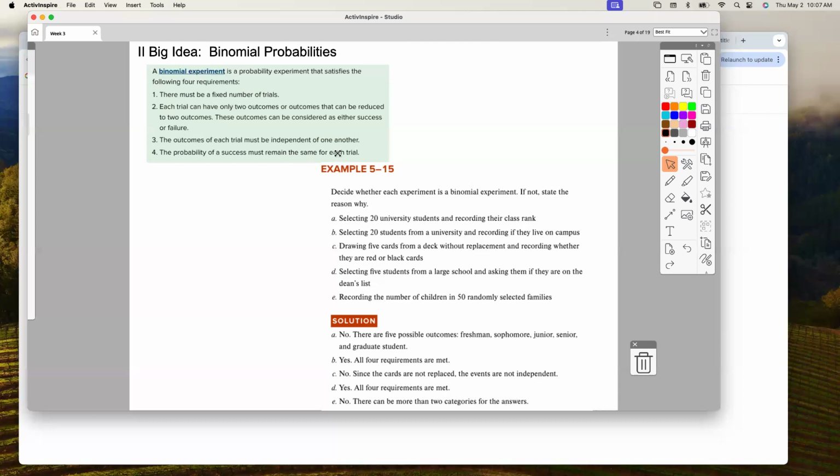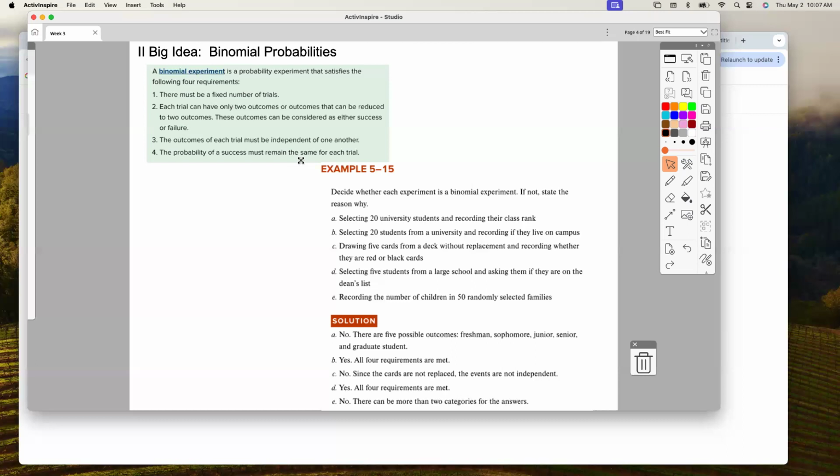The outcome of each trial must be independent of one another, and that is that one selection doesn't affect the likelihood of selecting the other one. That holds here. And as far as the fourth one, the probability of selecting those students, even though we don't know it, let's say 50% or 60% live on campus.